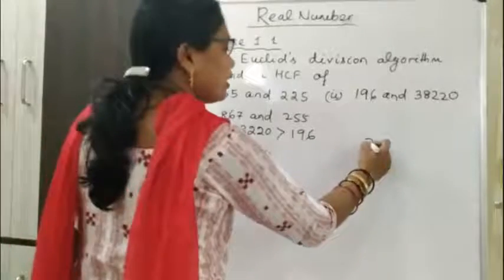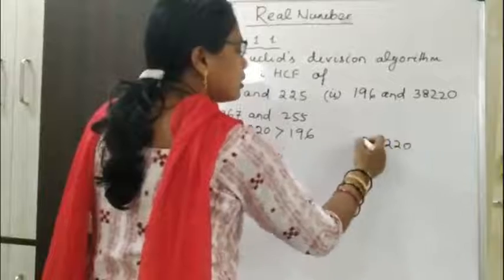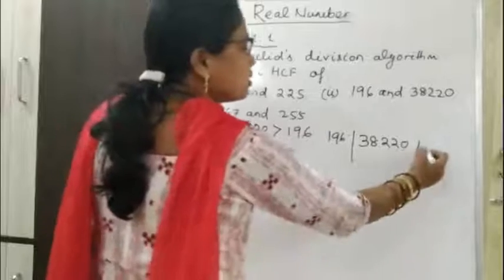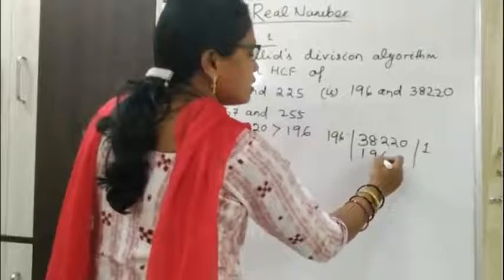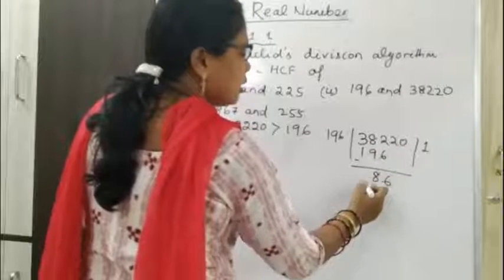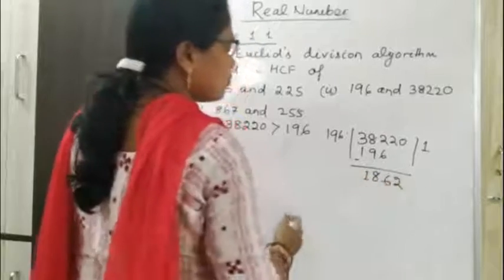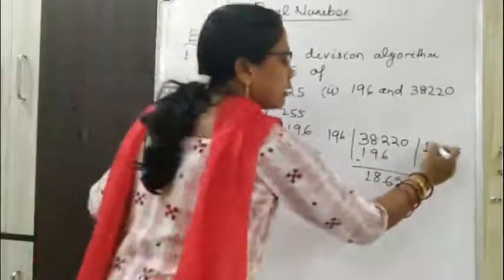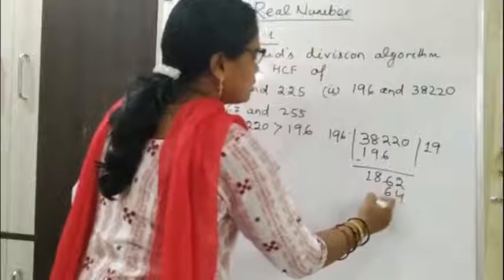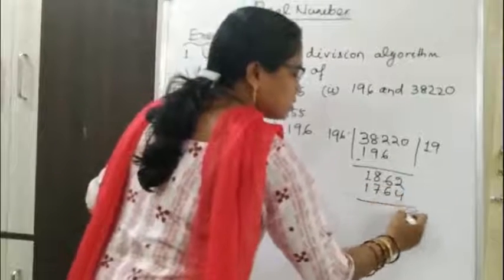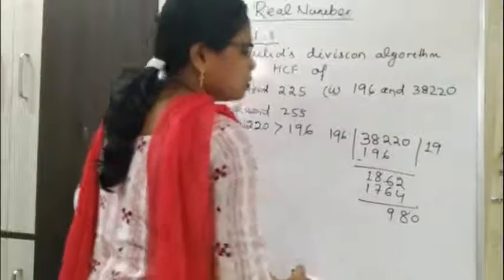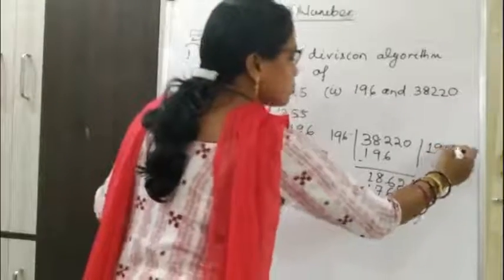So here we divide 38,220 by 196. Let us take 5.